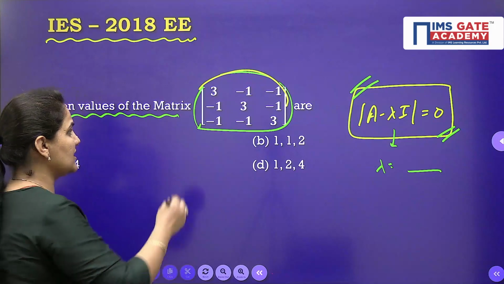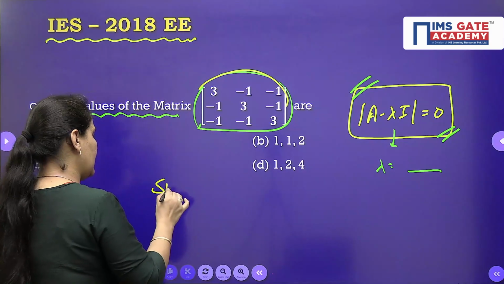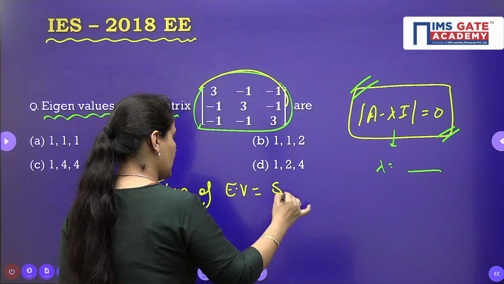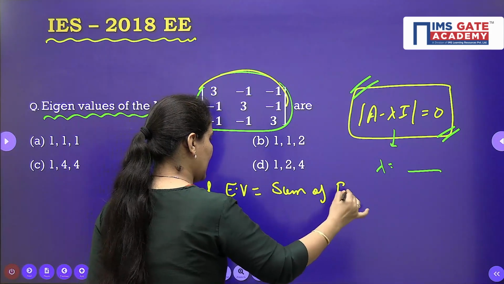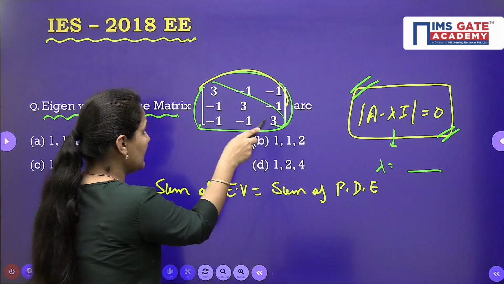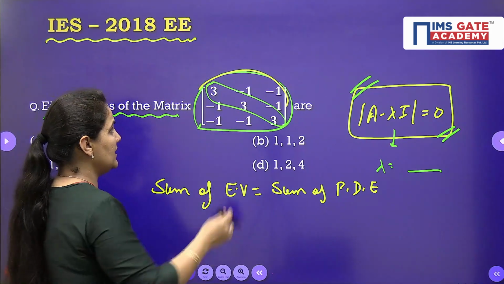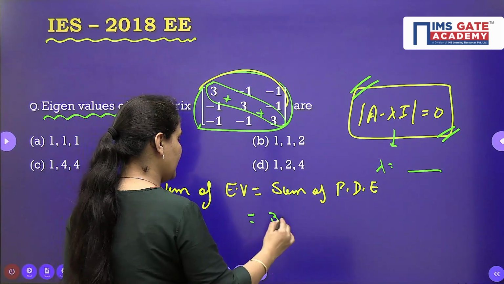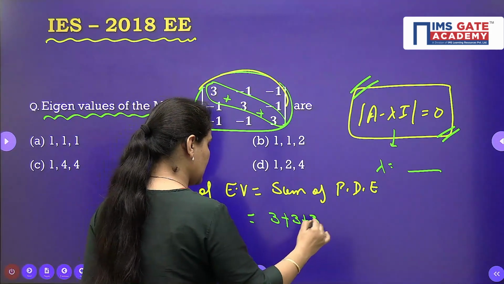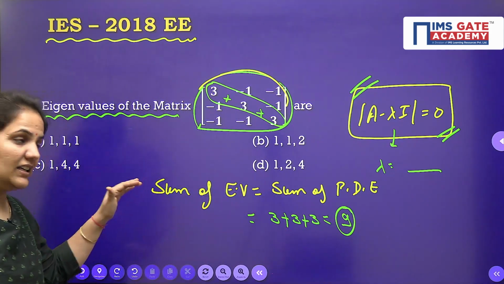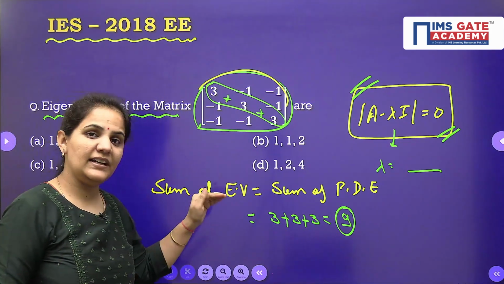We know very well the sum of eigenvalues is equal to the sum of principal diagonal elements, that is the trace. So the sum of eigenvalues will be 3 plus 3 plus 3, which is 9.